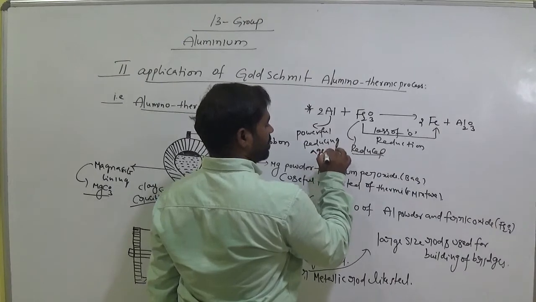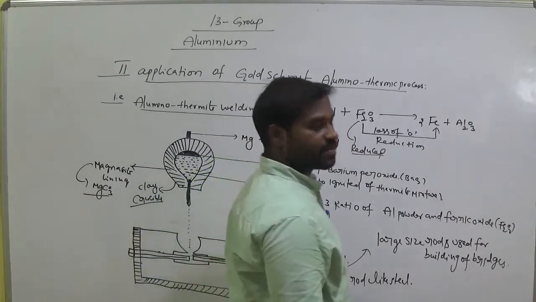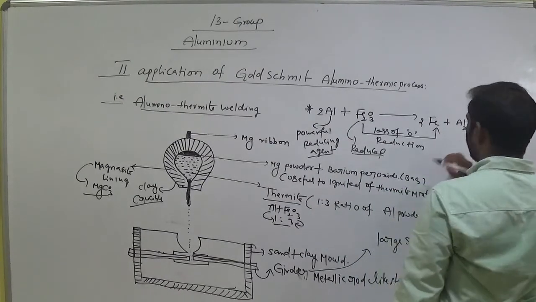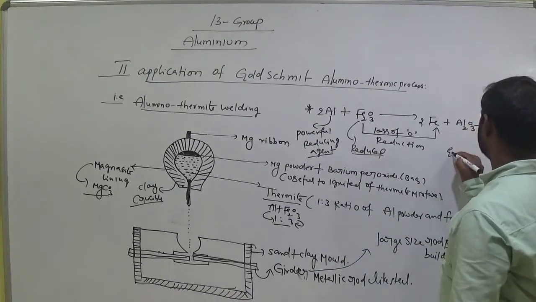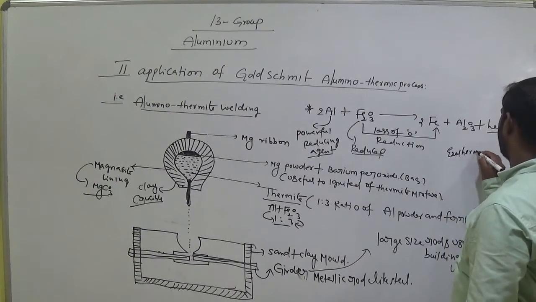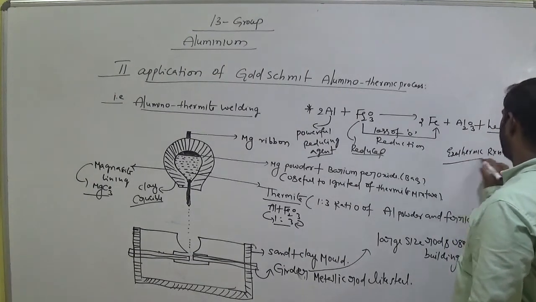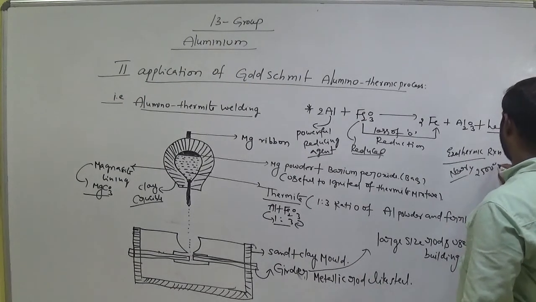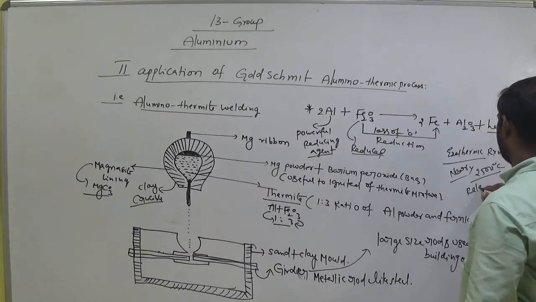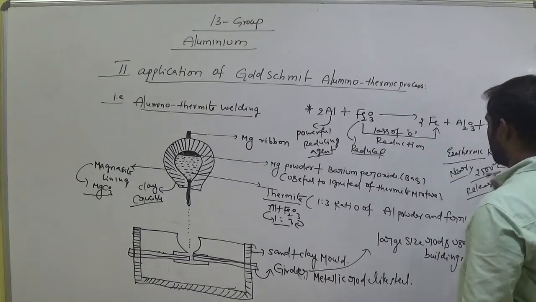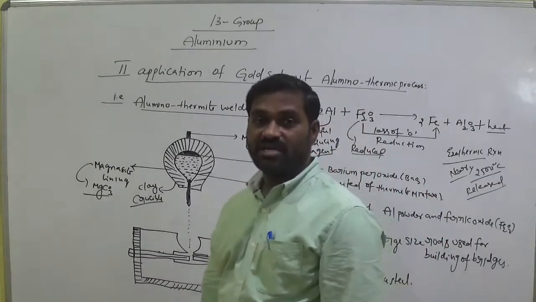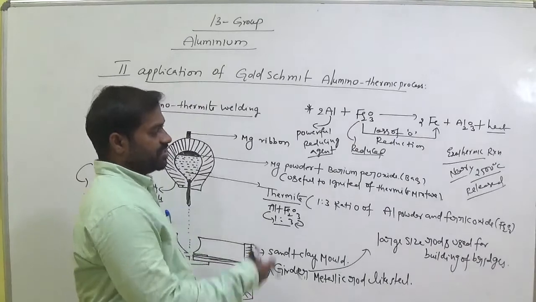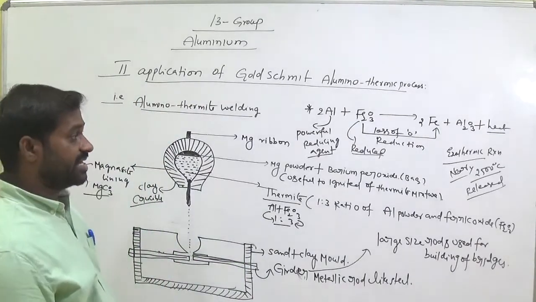In this process a high amount of heat energy is released, so this reaction is called an exothermic reaction. Nearly 2500 degrees Celsius temperature is released in this reaction, a very high temperature.